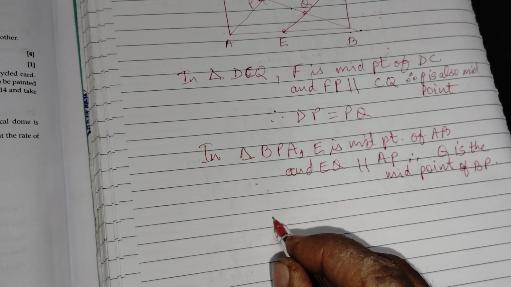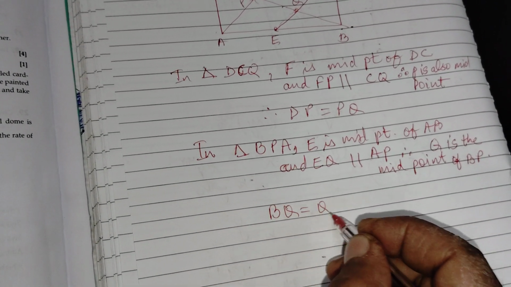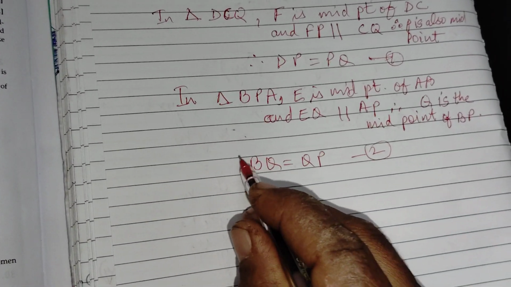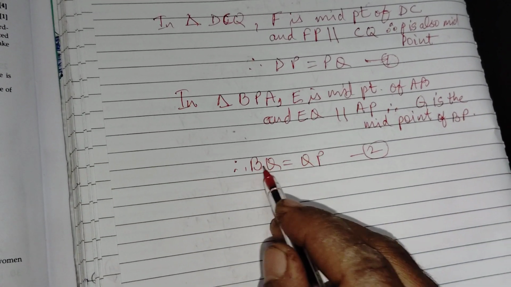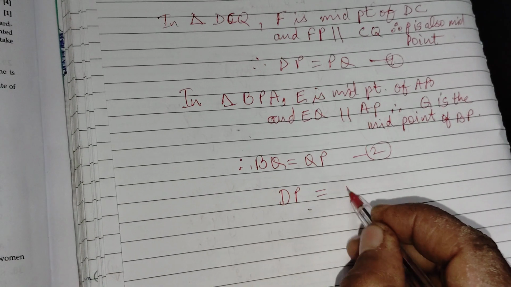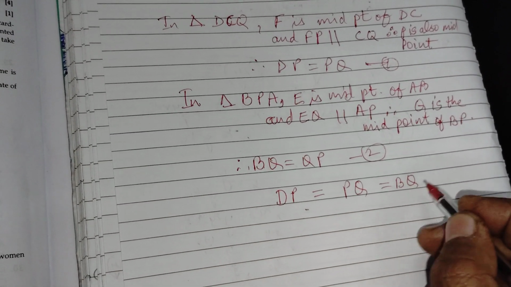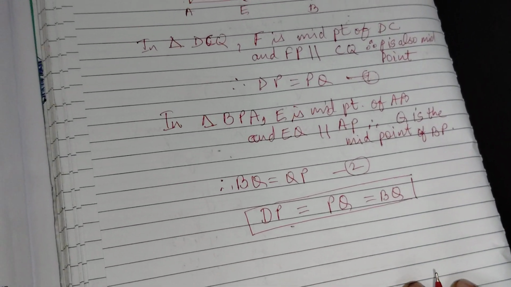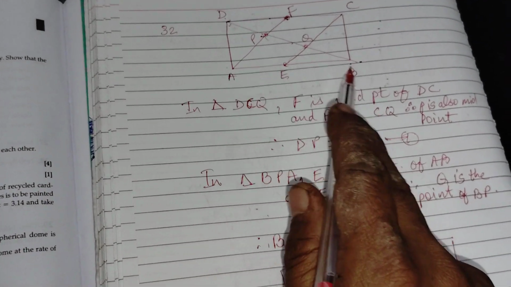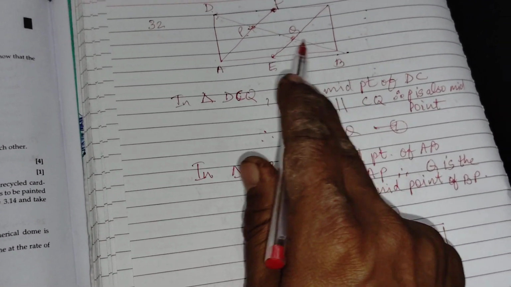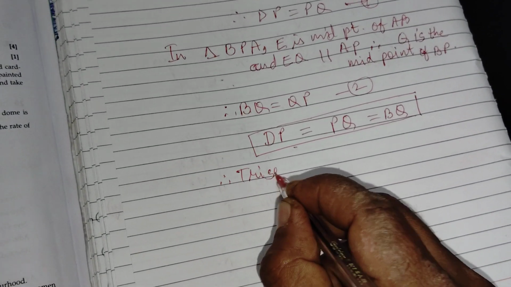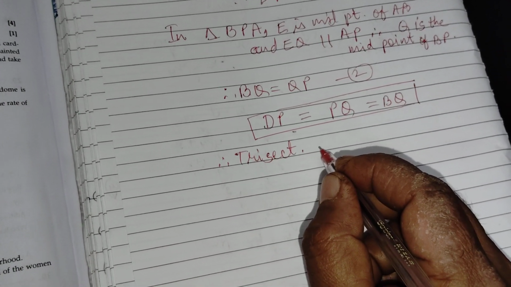Therefore we can say BQ equal to QP. From these two equations 1 and 2, we can say DP equal to PQ and PQ equal to BQ. So DP, PQ and BQ, all three are equal. So it means this BD is trisected, three equal parts are there. Therefore it is trisected. So this is the answer.